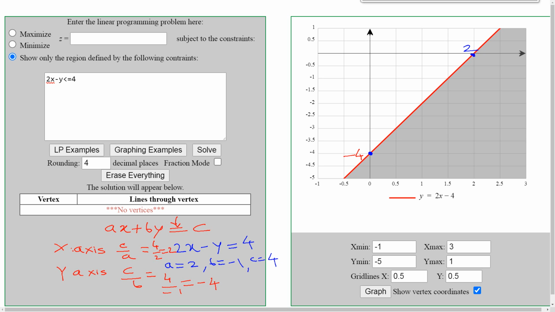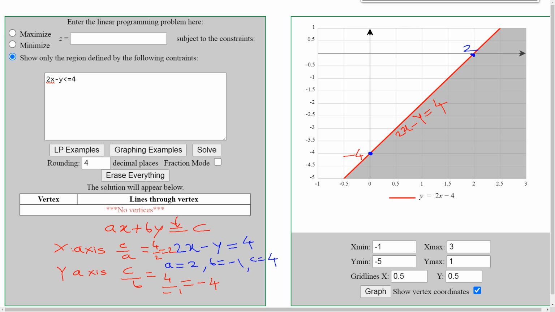So this line represents the equation 2x minus y is equal to 4. 4 upon 2 is 2, so point on x-axis is 2. 4 upon minus 1 is minus 4, so point on y-axis is minus 4.